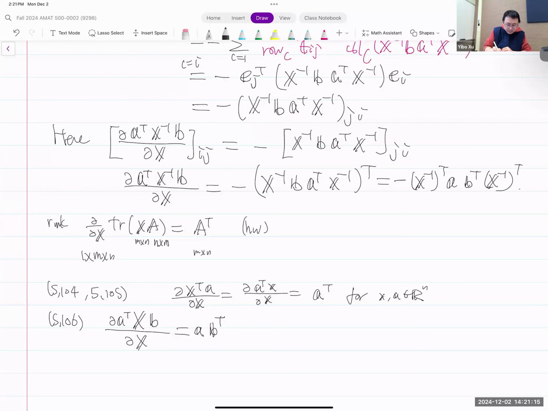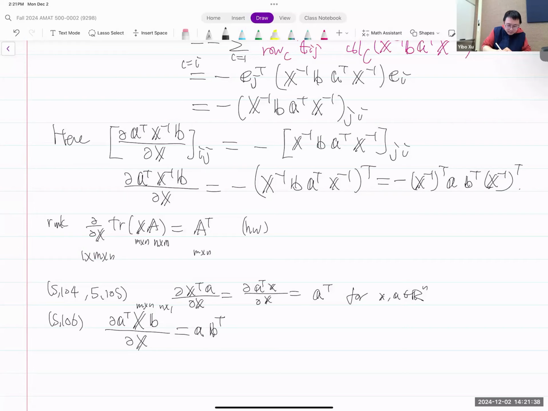So the difference here is that X is an inverse. There's an inverse, so X has to be square, but this X doesn't have to be square. So if you think about the dimension, you could say this is n by n. B is n by 1.